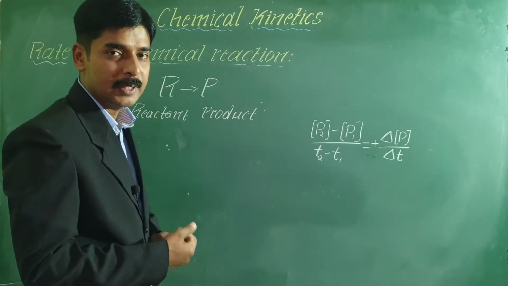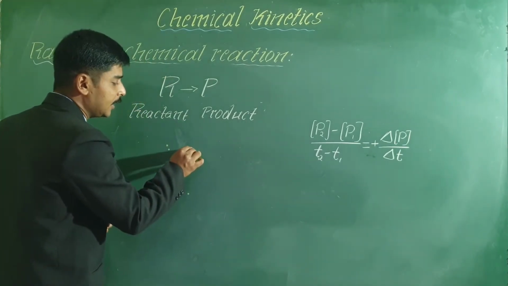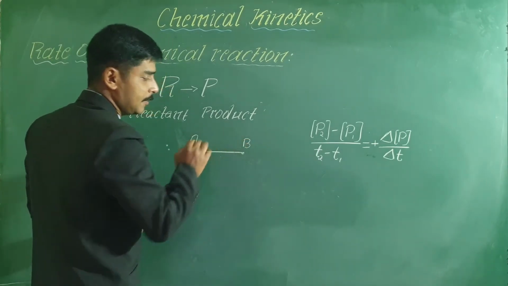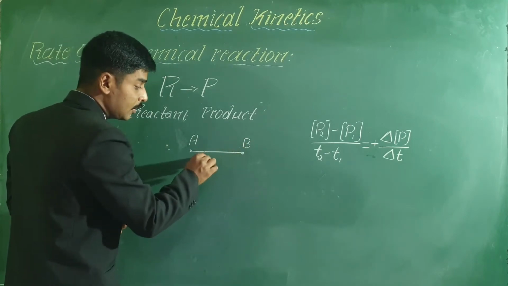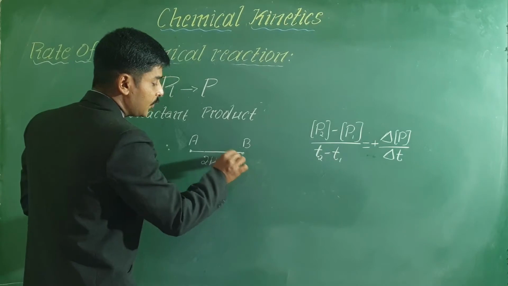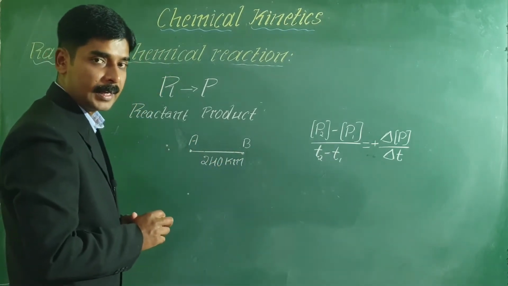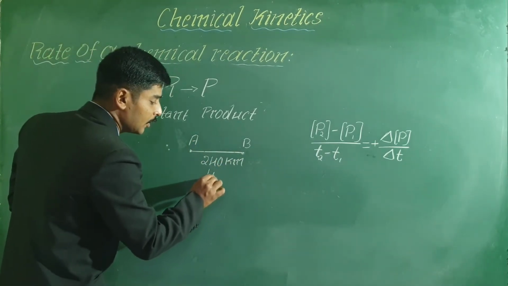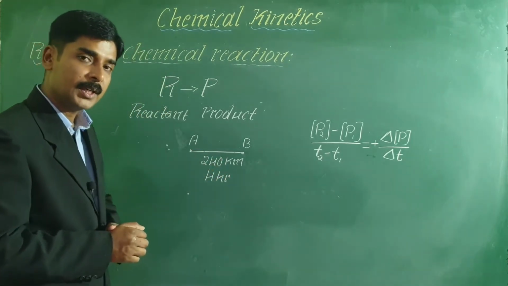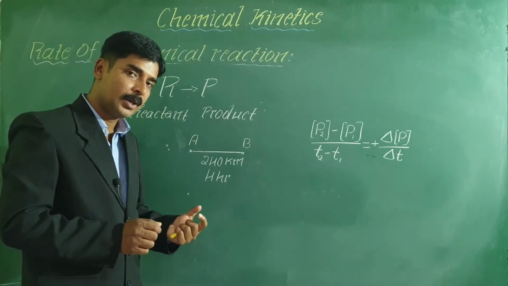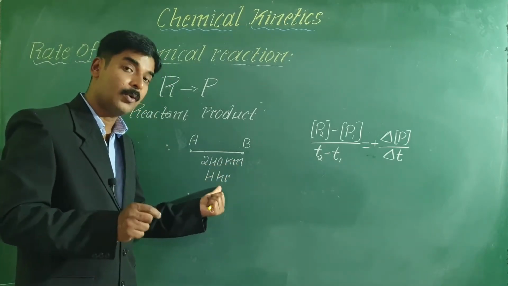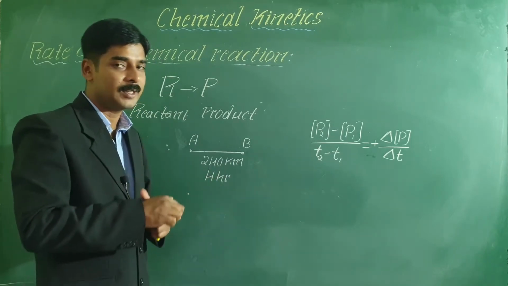Let us assume that you are driving a car from place A to place B. Place B is 240 kilometers away from place A, and you took 4 hours to cover 240 kilometers. Now, how to calculate the speed of the car?